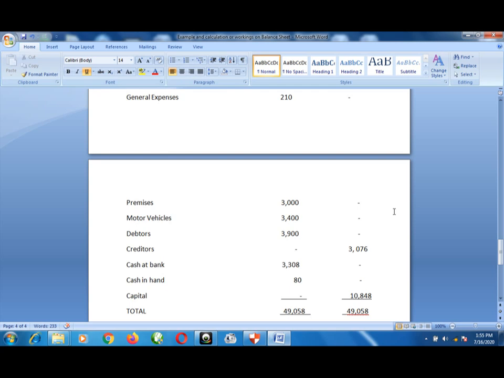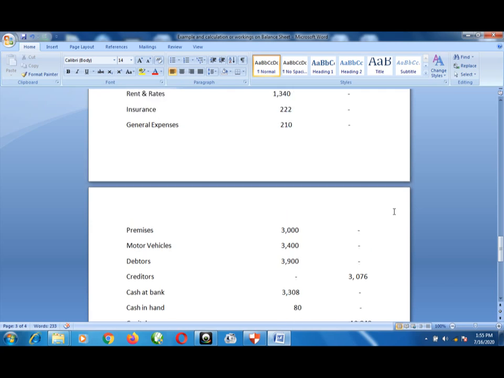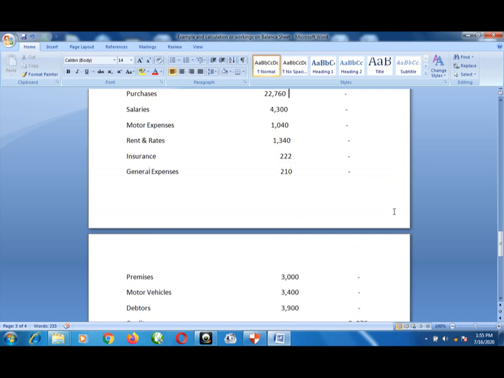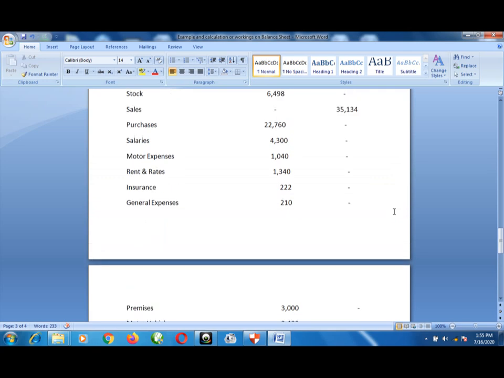You now use this question to prepare your trading account. In this question, the items for the trading account are just maybe two or three. My students, do not disturb yourself that opening stock was not given.